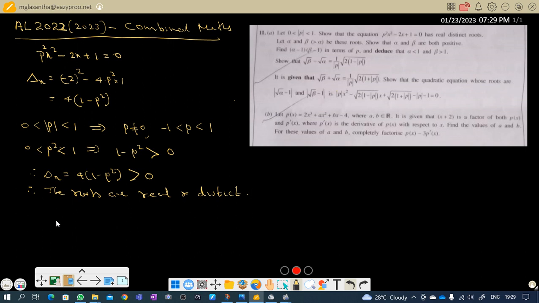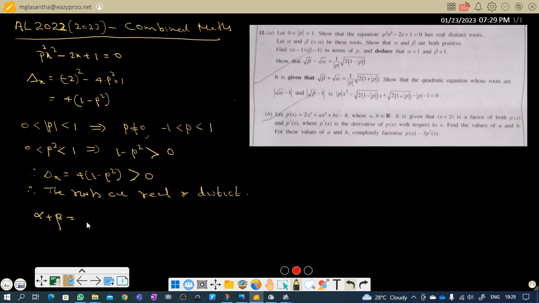The next part you have to show that alpha and beta are both positive. What is alpha plus beta? Now you are given that beta is greater than alpha.